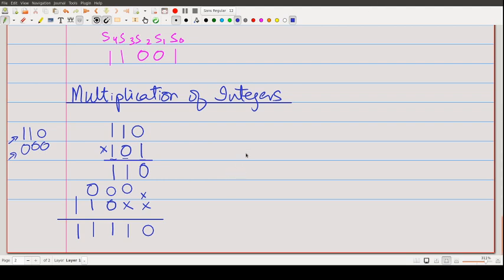Okay, and so let's just describe this procedure in terms of digits. So what we're doing is, let's suppose we have a times b. If we want to multiply the numbers a times b, you simply take the number a and let's expand b in terms of its digits. So let's suppose the digits of b were b n minus 1, b n minus 2, up until b naught.